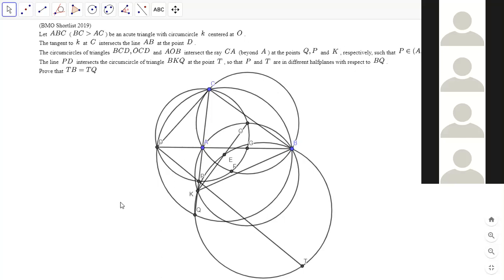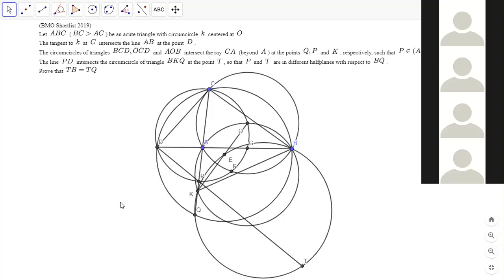So triangle DAQ will be similar to triangle DQB, which is that AQ is the anti-parallel of QB. Yeah, but DP is the median of DAQ, so DP will be the median of DQB.